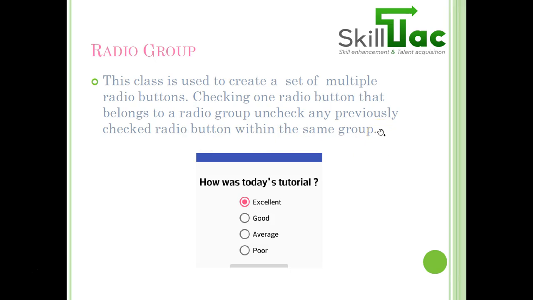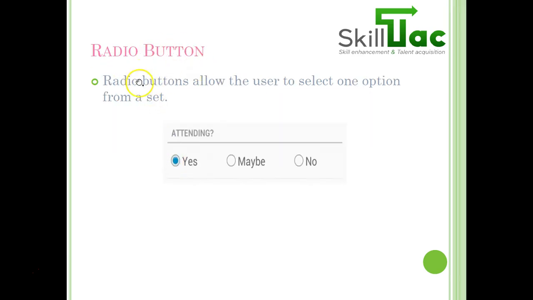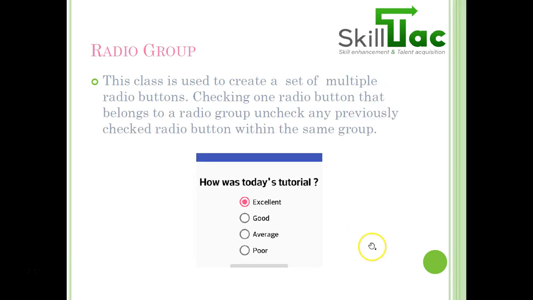What it is basically trying to say is that the radio group class contains multiple radio buttons, and only one option or selection can be made at one given time. If we select a different option, the previously checked radio button will get unchecked. That is what this definition is trying to portray.